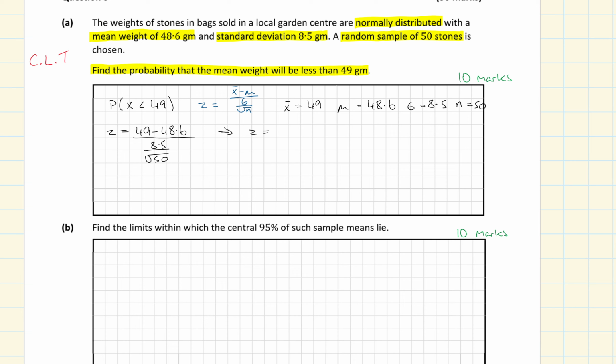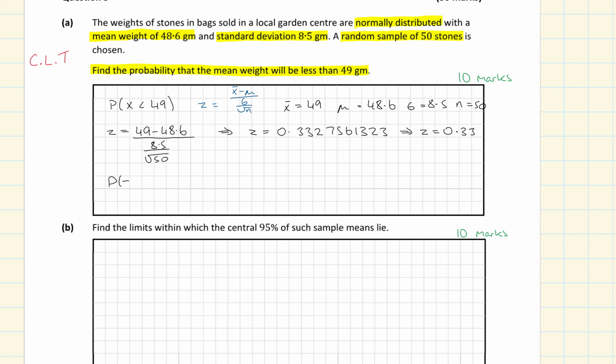So we have 49 minus 48.6 all over 8.5 divided by root 50. We get 0.3327561323, which we're going to round to 2 decimals for our log tables. So for z-score we get a value of 0.33.